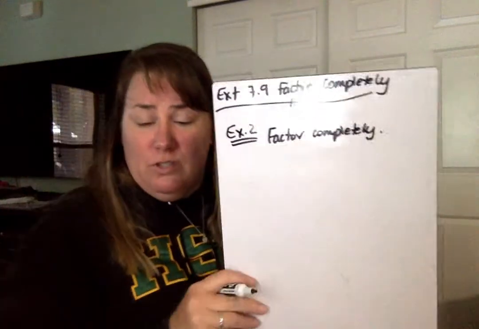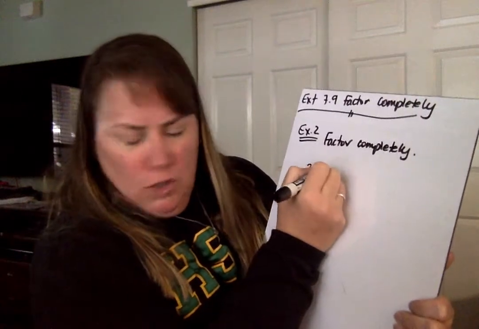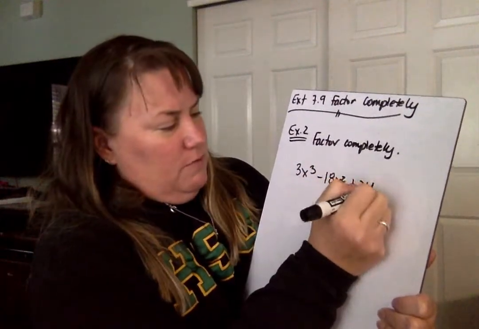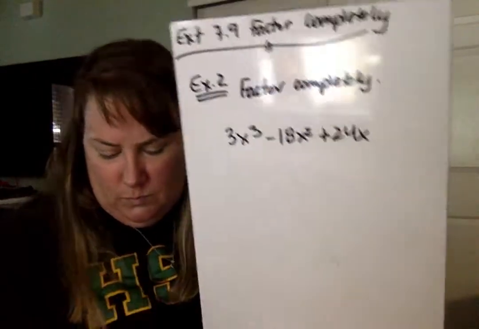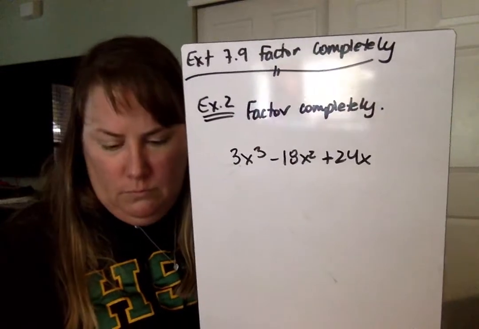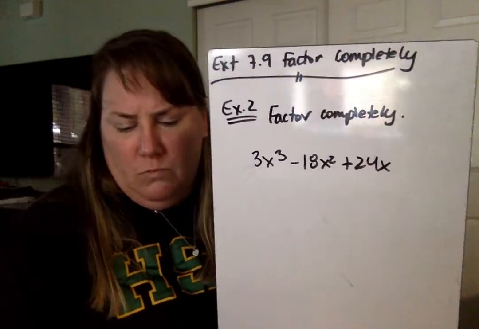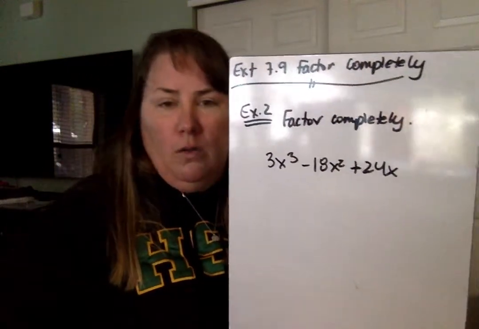And we got introduced to this last week. Here we go. 3x cubed minus 18x squared plus 24x. They don't give you many problems in here. Okay, let's factor completely.